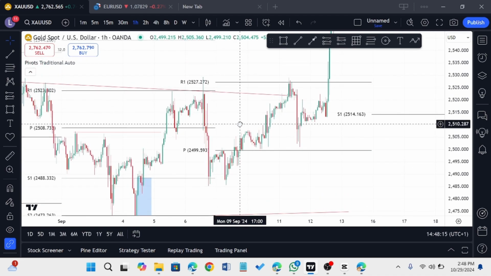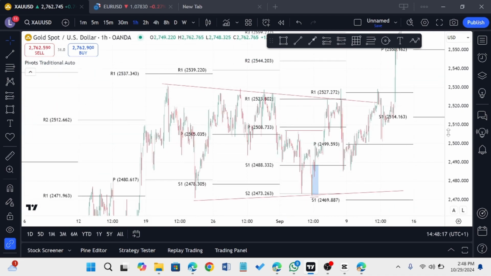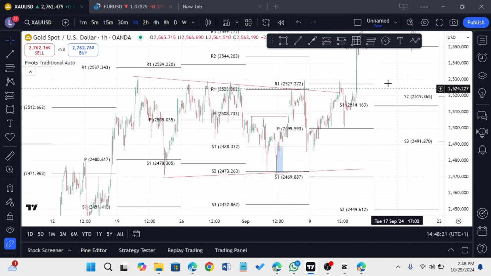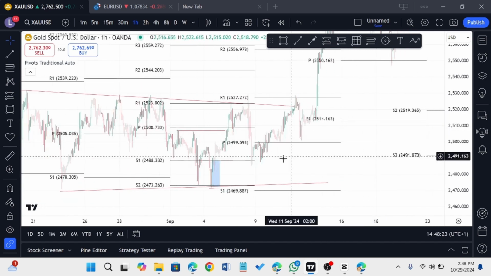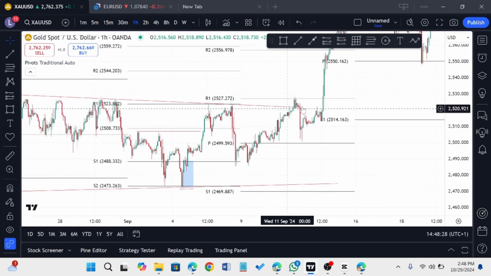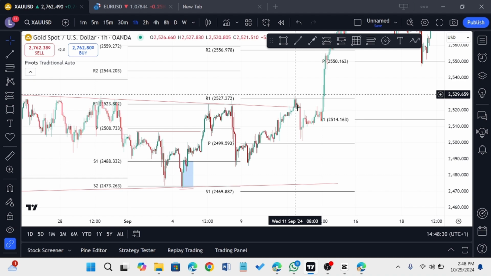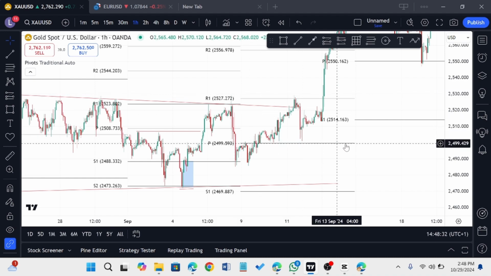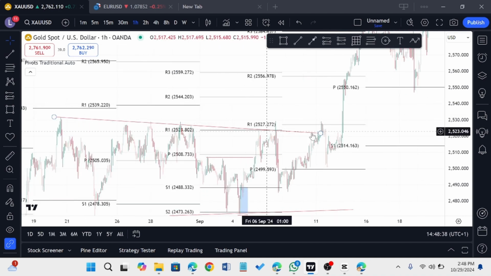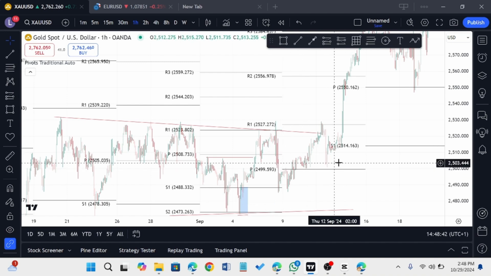Now, you should know that we are bullish, so the overall market sentiment of gold is bullish. So price broke this trend line right here, had this pullback into the central pivot line, and you can see the bullish sentiment continued after the breakout and the reversal to tap into this central pivot line.